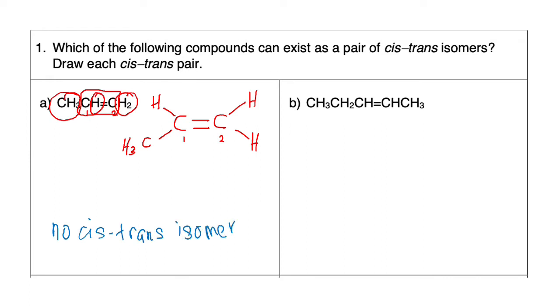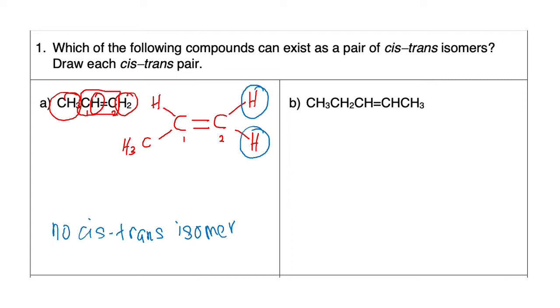If you look at C2, carbon number 2, this carbon is attached to 2 same atoms, which is hydrogen. So once dia attach dengan dua atom yang sama, automatically there will be no cis-trans isomer. Okay, so itu cara Madam, dan that's how I explain question A.